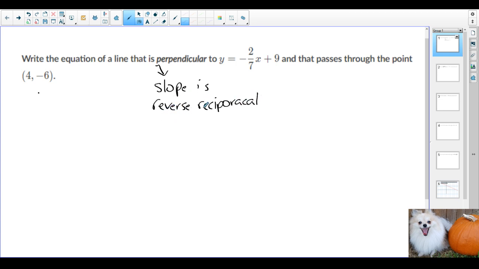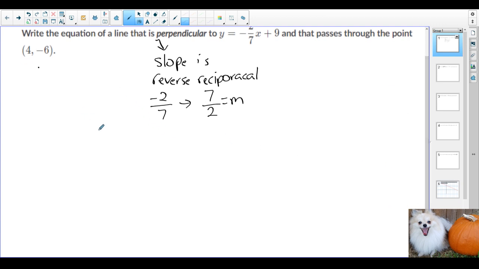Reverse reciprocal, which basically means you take -2/7, that's the original, and we flip it upside down. 2/7 becomes 7/2, and then we take the opposite of it. Okay, so -2/7 becomes +7/2. So the slope of our new line is 7/2. Okay, and we have a point for that.